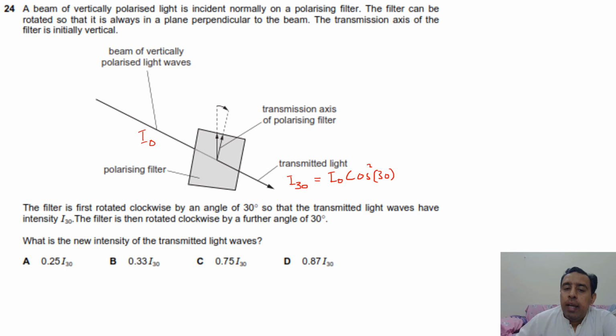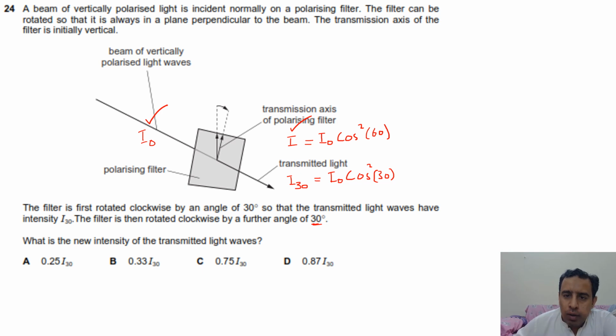Now the same filter is rotated clockwise a further 30, so it comes to I naught cos square of 60. Now this is the new transmitted one, that is called I. Now you have to write the new intensity of the transmitted wave.